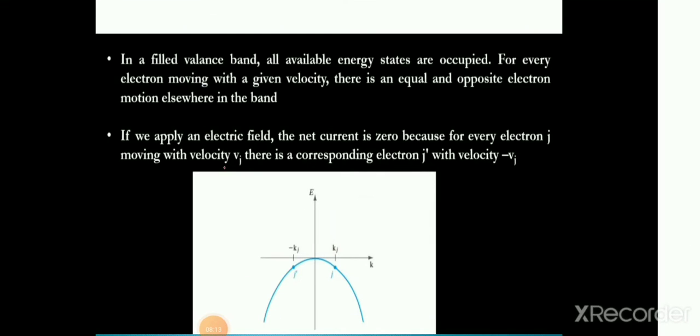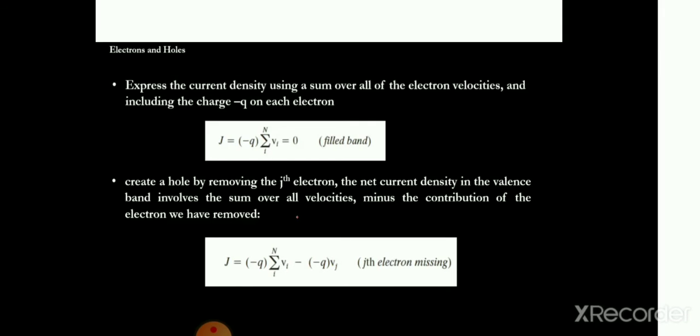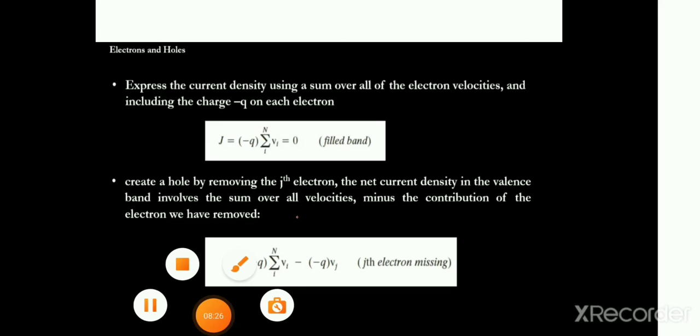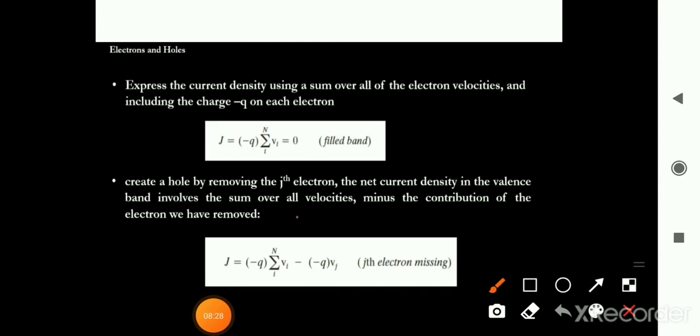This is about electron and hole in a valence band. The same thing is explained here with the help of one expression, that is with the help of a current density. Express the current density using the sum over all of the electron velocities and including the charge minus q on each electron.